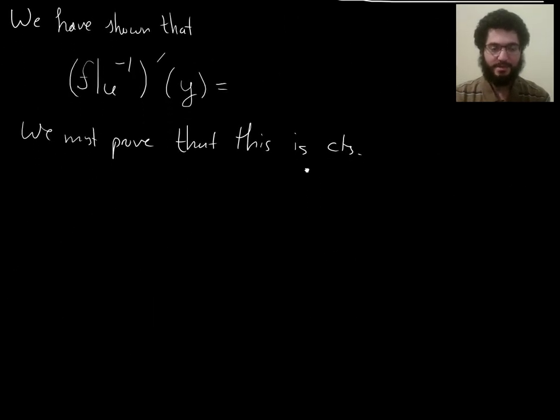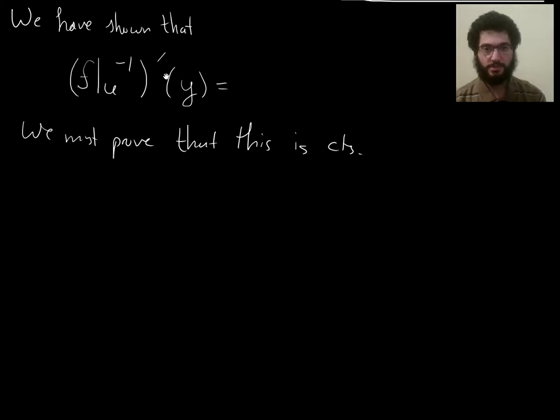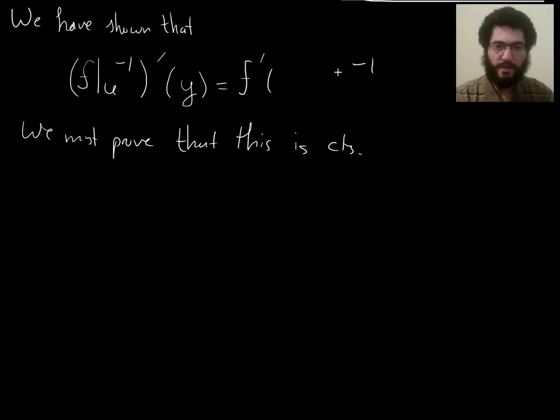Now we are here. So I've added some text here, and our goal now is to prove that the derivative of the inverse of f is continuous. So here's what we have shown. I'm copying down what we had from before. We have shown that the derivative of the inverse of f is the inverse of the derivative of f, evaluated where?